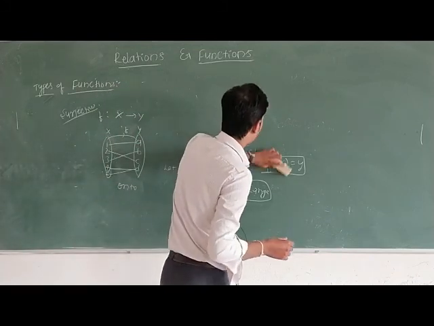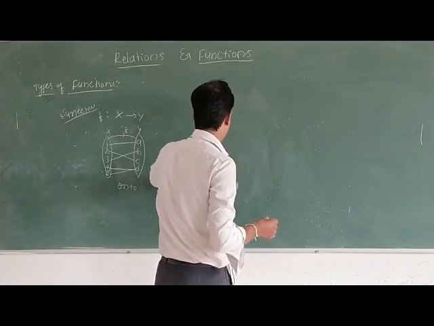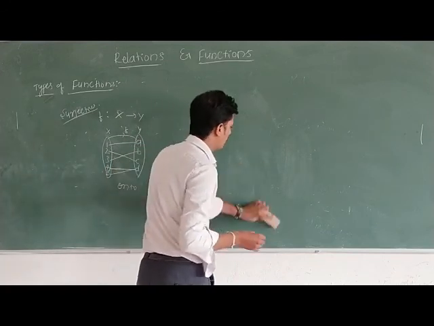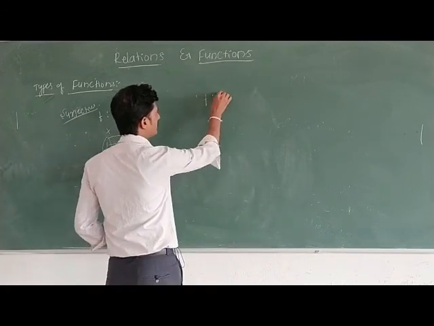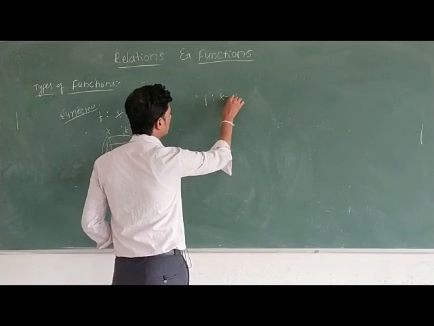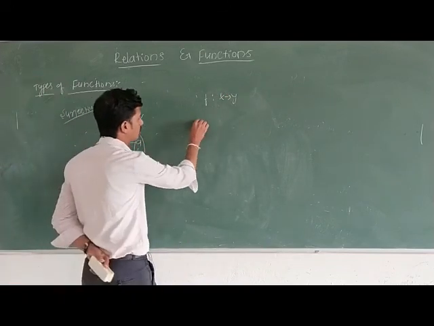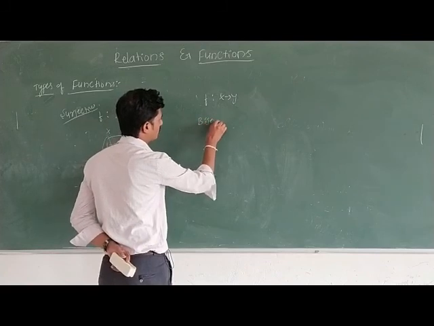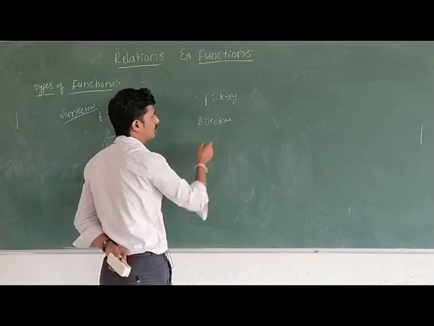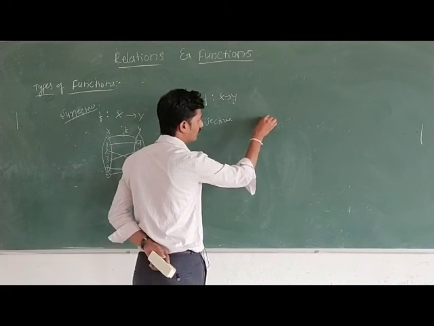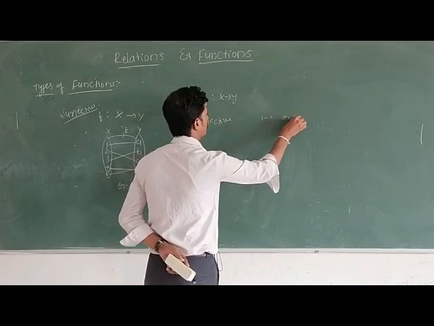Okay, if any function f is defined from X to Y, it is said to be a bijective function if this function f must be both one-one as well as onto.